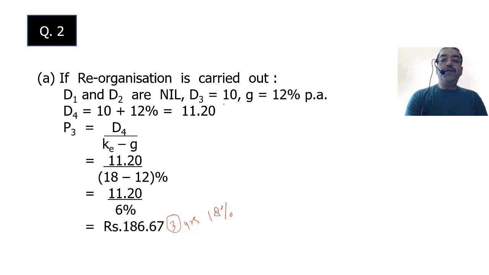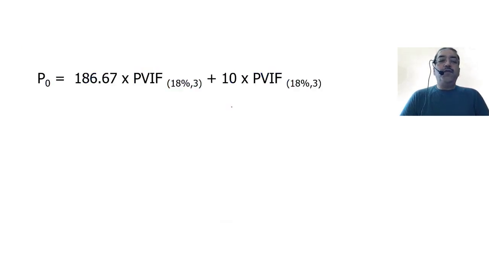Plus I'm going to receive dividend in the third year, so of that also present value I need to calculate. So it is 186.67 into PVIF at 18% for 3 years. Discounting for 3 years because this is P3, and I want to calculate P0. So discounted by 3 years, plus dividend of 10 rupees discounted for 3 years.